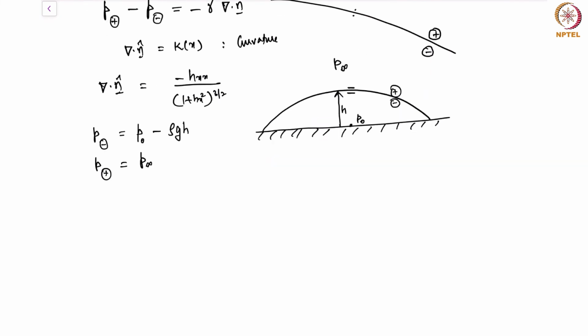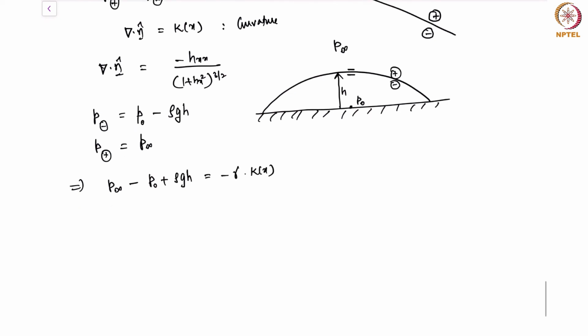And therefore I now have P plus, that is P infinity, minus P minus. What is P minus here? P naught plus rho gh essentially becomes minus gamma times curvature, right?